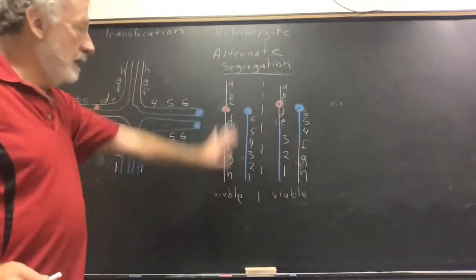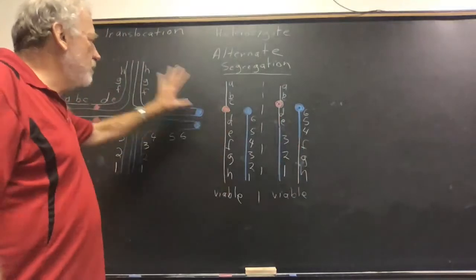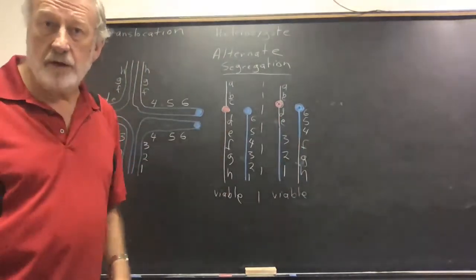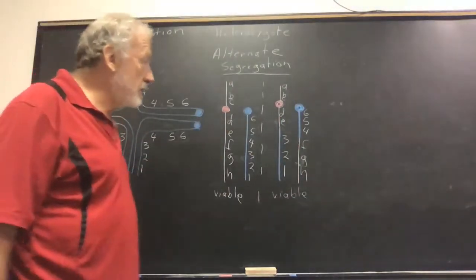So that's alternate segregation. That's the only way out of a translocation heterozygote that you can get viable gametes. Let's look at the others now.